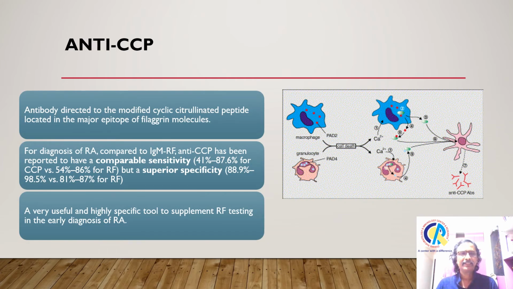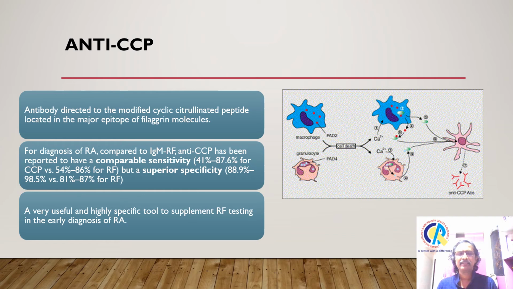Similarly, we have another test, anti-CCP. Anti-CCP is an antibody directed against cyclic citrullinated peptide, and it has quite good specificity because it is seen less commonly in normal individuals. Even among individuals who are anti-CCP positive, the majority are likely to develop rheumatoid arthritis.